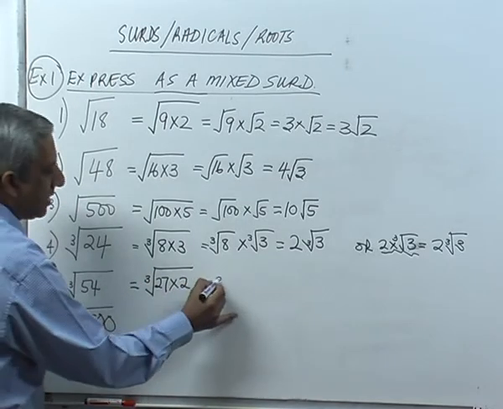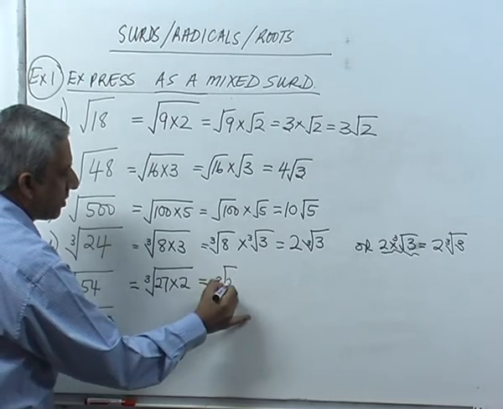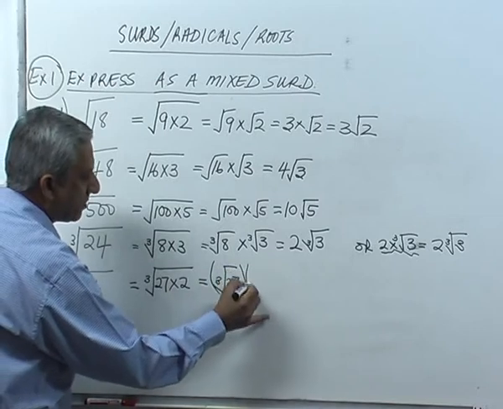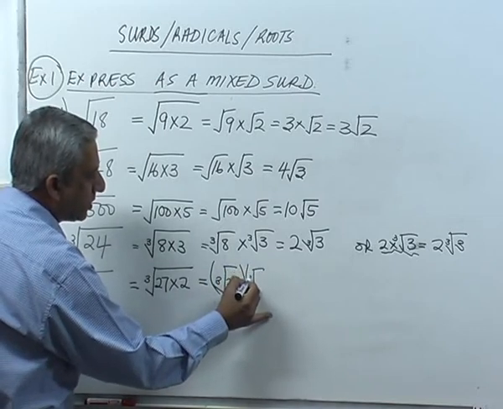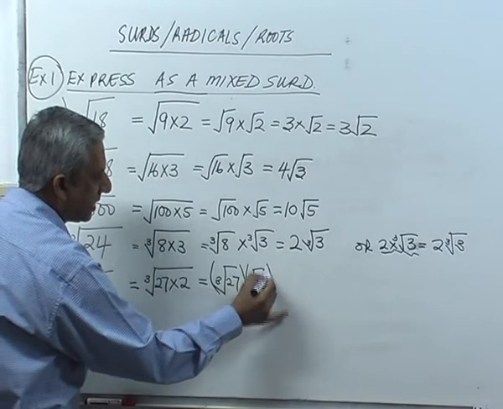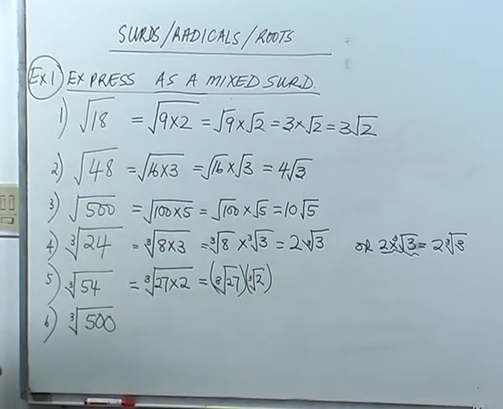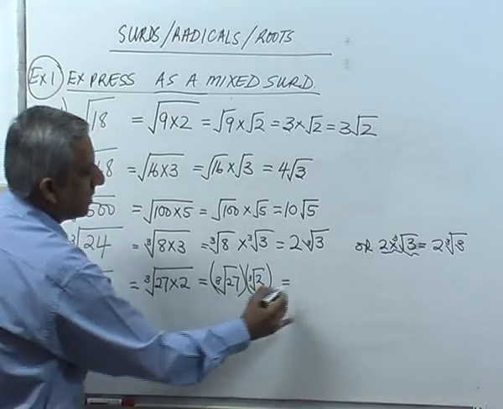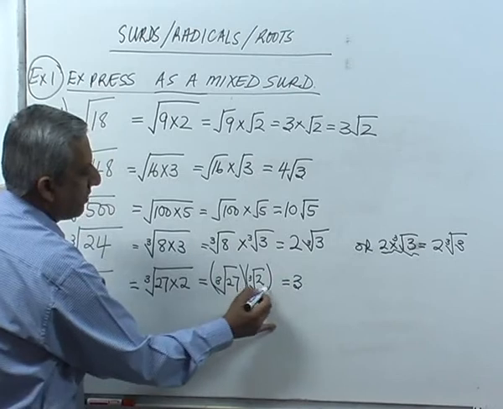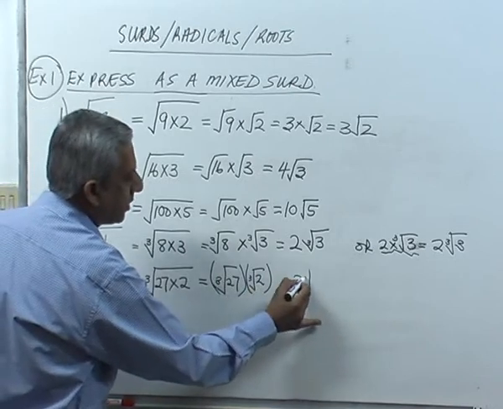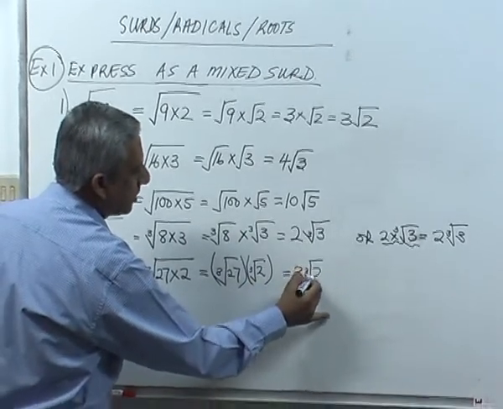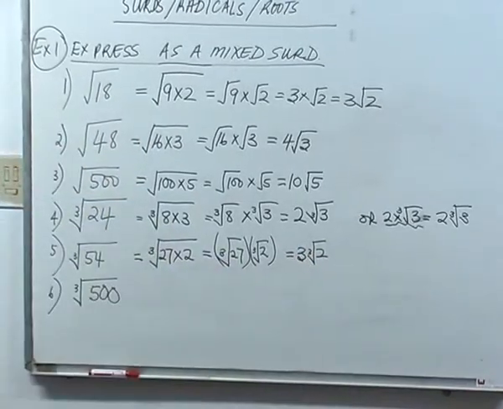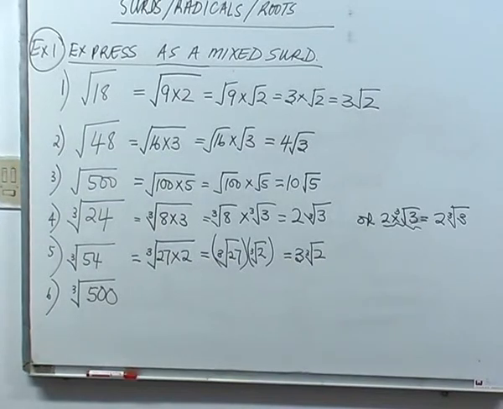So, if you rewrite that separately, we've got cube root of 27, cube root 2. I can use brackets if I want to. And then cube root of 27 is 3. And what's left here? Cube root of 2. So that answer is 3 cube root 2.